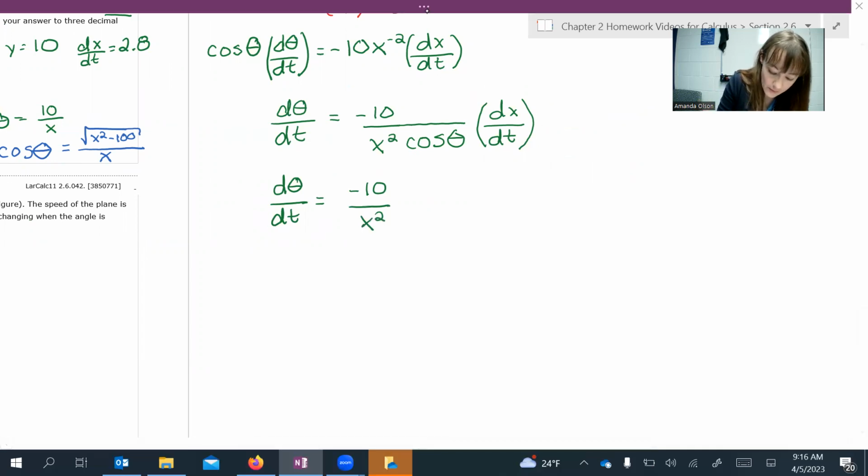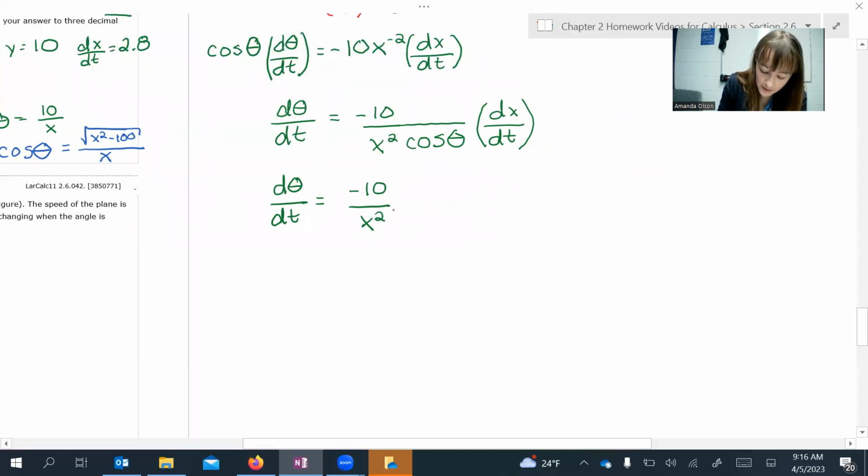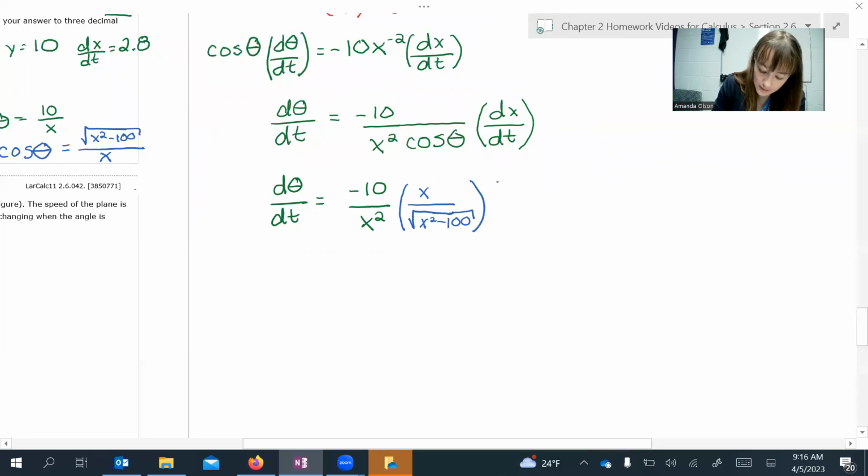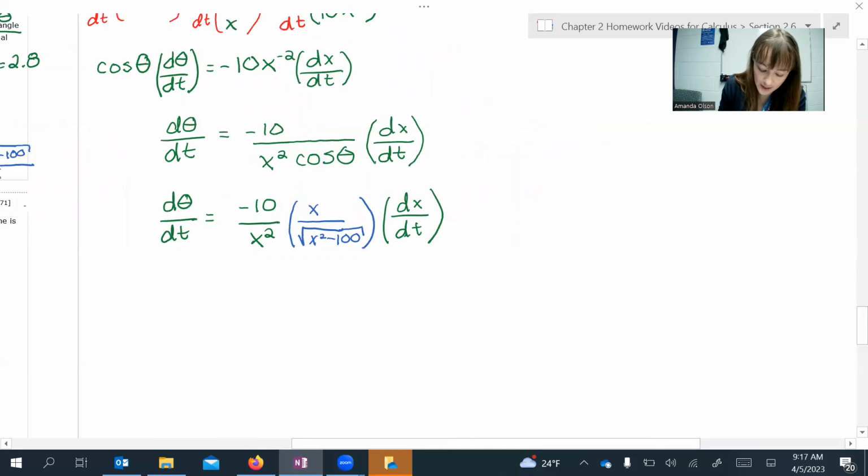Okay, again, I have cosine theta in the denominator, and rather than making a complex fraction and putting that whole square root in the denominator, I'm just going to multiply by the reciprocal. Again, your algebra might be worked out slightly different, and that's okay. You're going to get the same result in the end. Of course, I love that dx dt, and you could simplify that at any point.